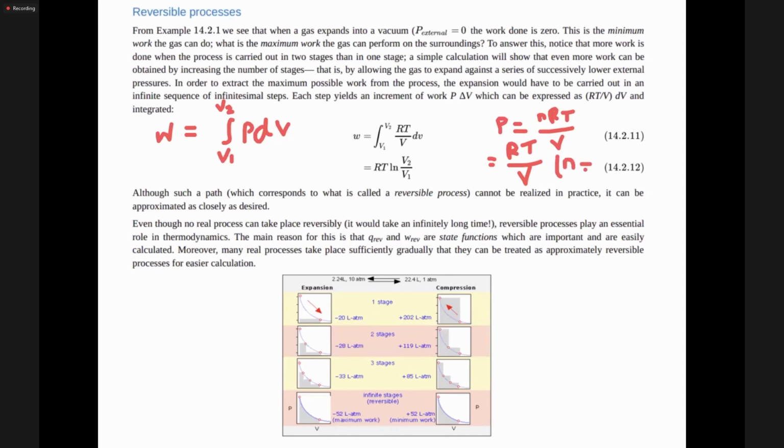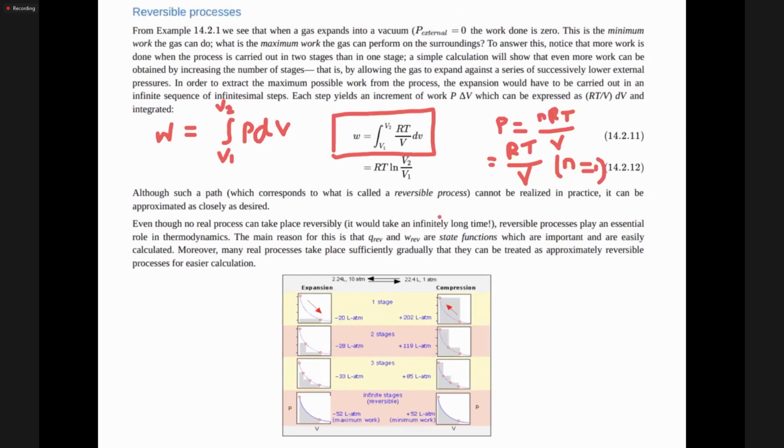So for 1 mole of ideal gas, P is equal to RT by V. And now if we substitute this P by RT by V, we actually get this equation, which is W equals the integration from V1 to V2 of RT by V dV.